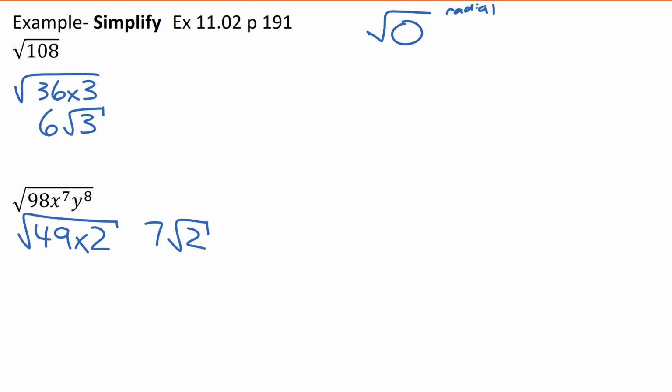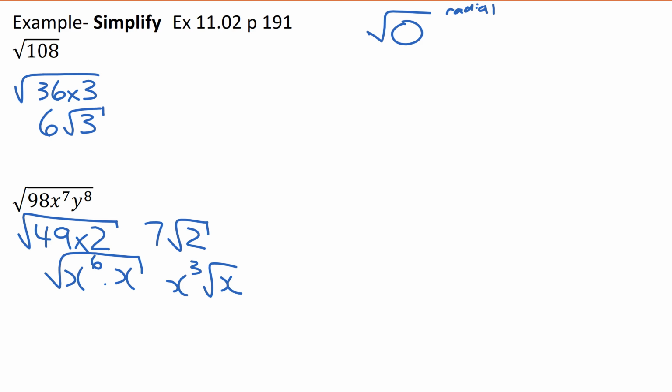Is that right? Remember this, x to the power of 7, what is that? That is x to the power of 6 times x, all under the square root. x to the power of 6 is x to the power of 3 root x.